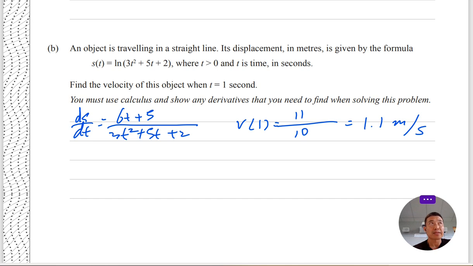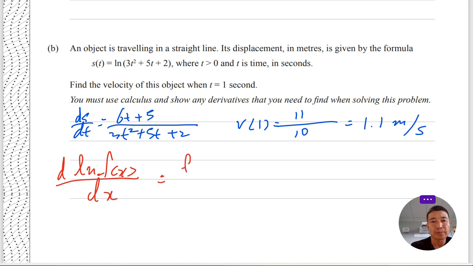Say ln f(x): if I differentiate this, you get f prime x over f(x). So that's what I did. I differentiate 3t squared plus 5t plus 2, which is 6t plus 5. And f(x) itself is the denominator. And then you plug 1 into t, you get 11 over 10, which is 1.1 meters per second.